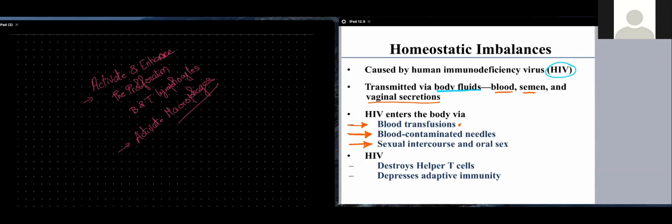The problem here is with my helper T cells. This is going to cause a major depression of the adaptive immunity. Both B and T lymphocytes are going to be affected.